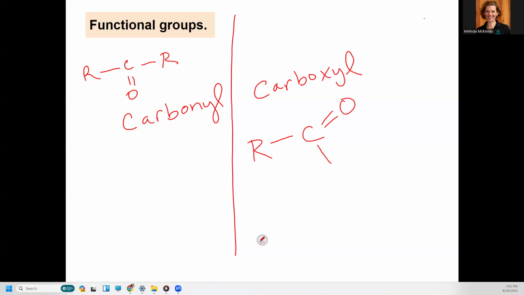Remember, carbon has 4 bonds. So that fourth bond is to a hydroxyl group. So the functional group is COOH. So you can also write it as RCOOH. This is another way to designate that functional group.